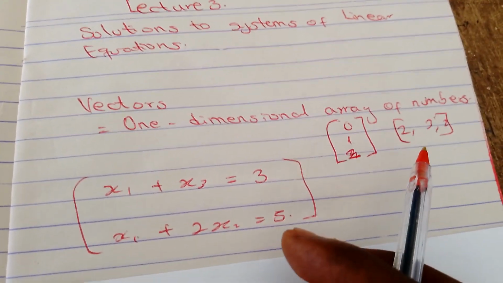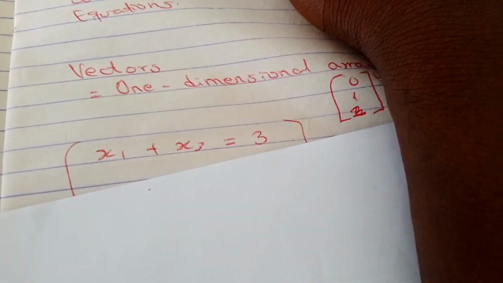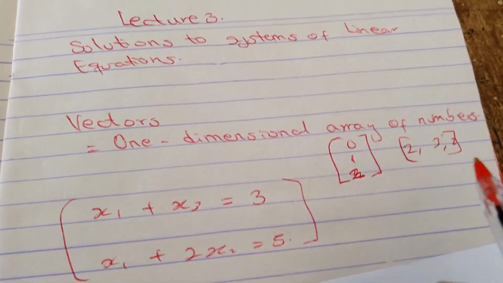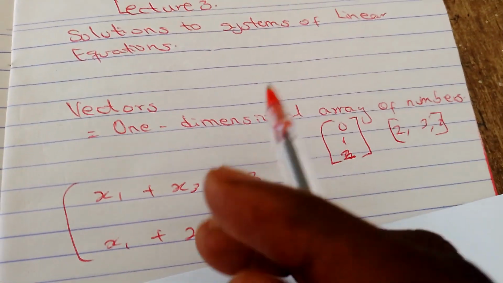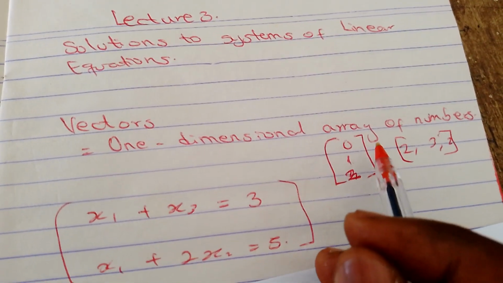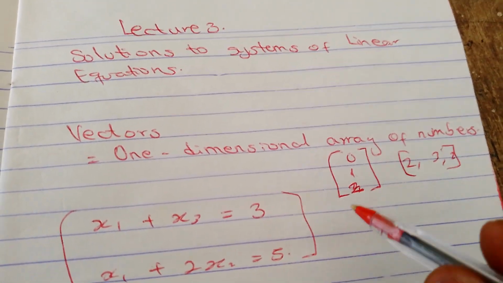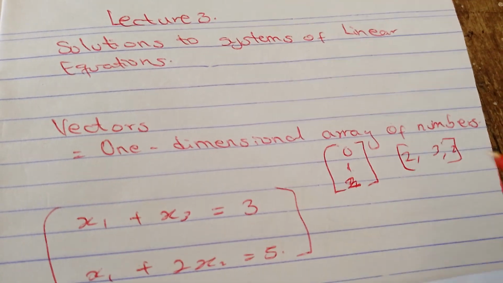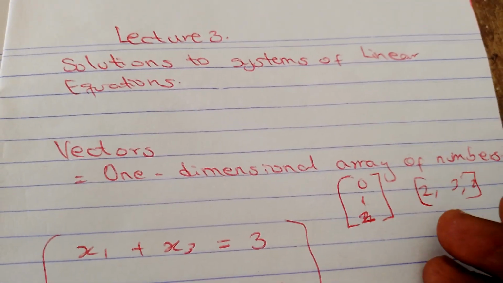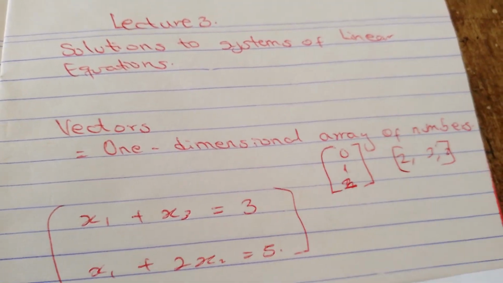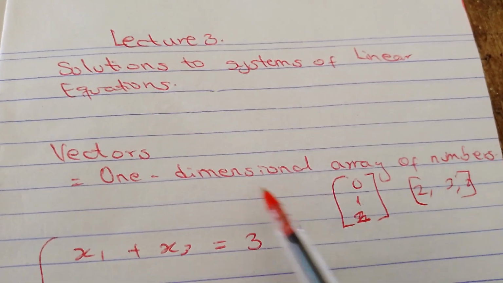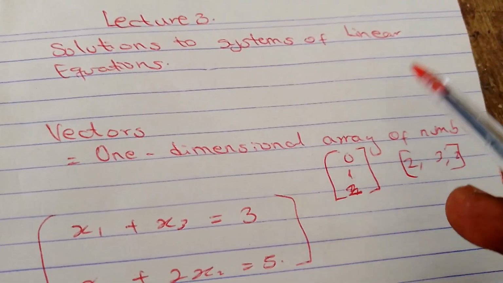So let's just move on to the next thing. We'll also talk about matrices, right? So a matrix is simply a two-dimensional, three-dimensional, whatever, array of numbers. If you have a 2 by 2 matrix or a 3 by 3 matrix, they're just arrays of numbers. So a combination of vectors can give you a matrix.